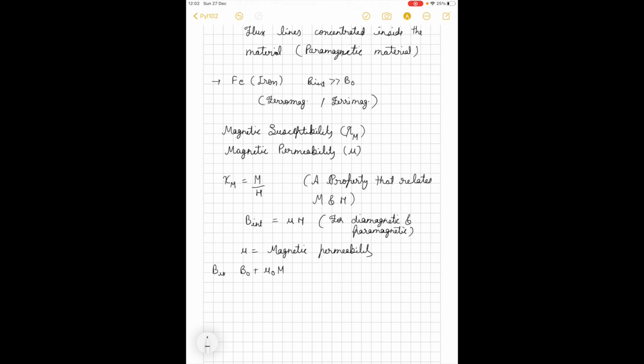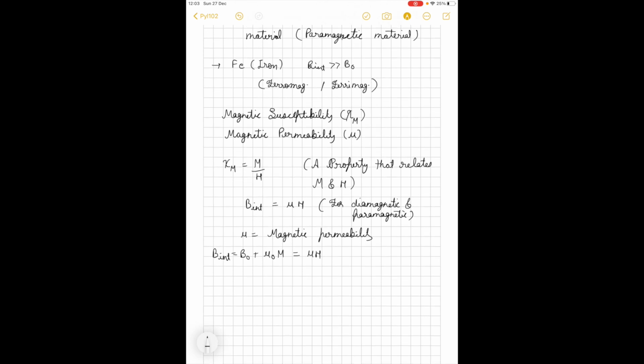And this is equal to mu H. So then we can write that B int is equal to mu naught mu R H, which is same as mu naught H plus mu naught M.